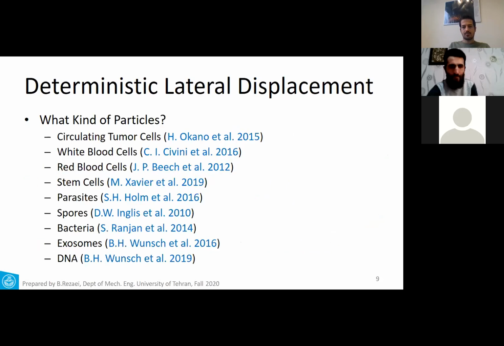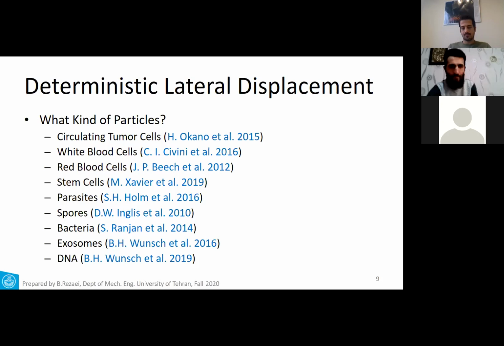So what kinds of particles have been separated by DLD? All kinds of bioparticles have been separated by DLD. The first one, which I've already told you about, is circulating tumor cells or CTCs.